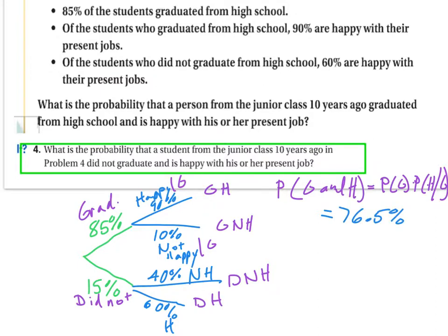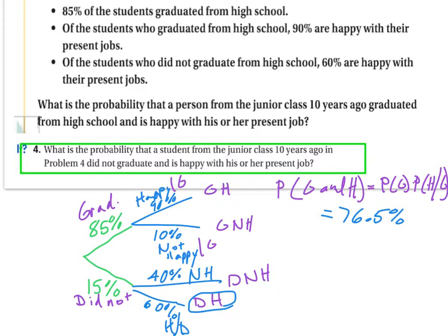So that's what we end up with for that one, 76.5%. Let's see, their additional question: what's the probability the student from the junior class 10 years ago did not graduate and is happy? That's really did not graduate and is happy, so that is down here. And again, this is happy given that they did not graduate.